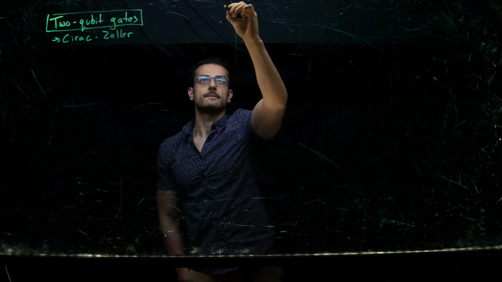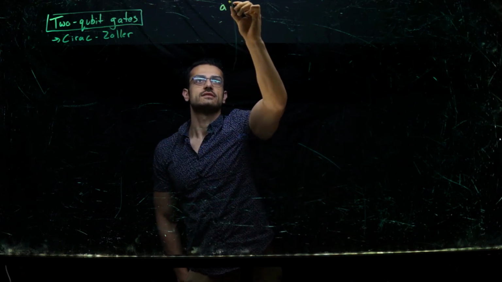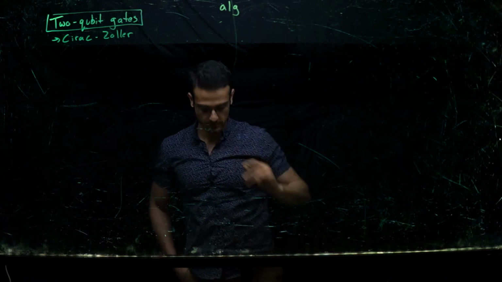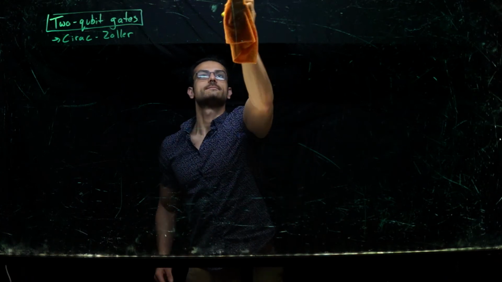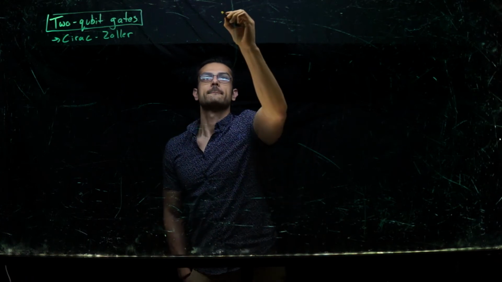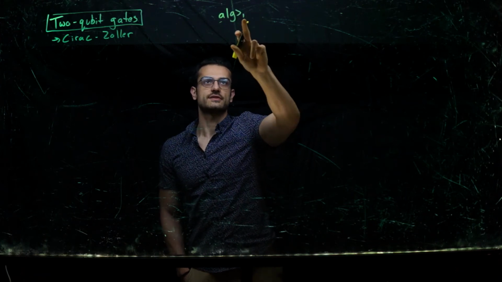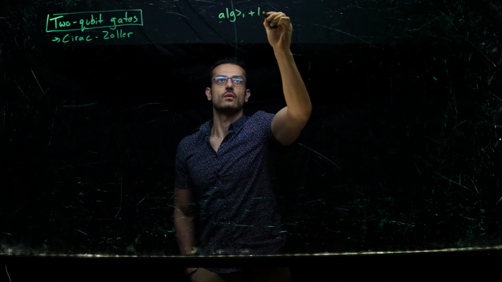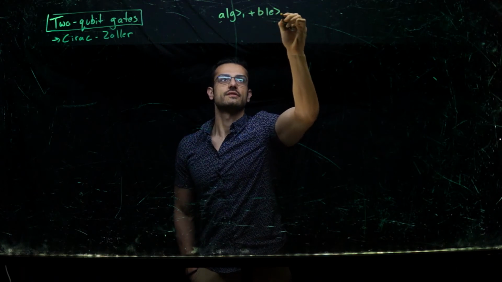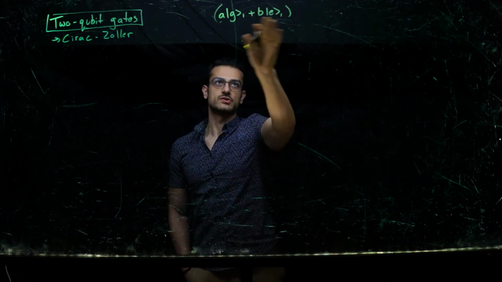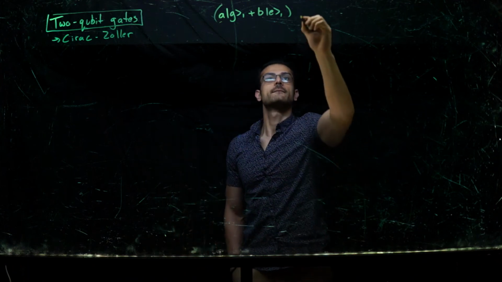So in the very beginning, we have just some superposition state, where our first qubit, using that 1 there to denote the first qubit, is in some general superposition state.